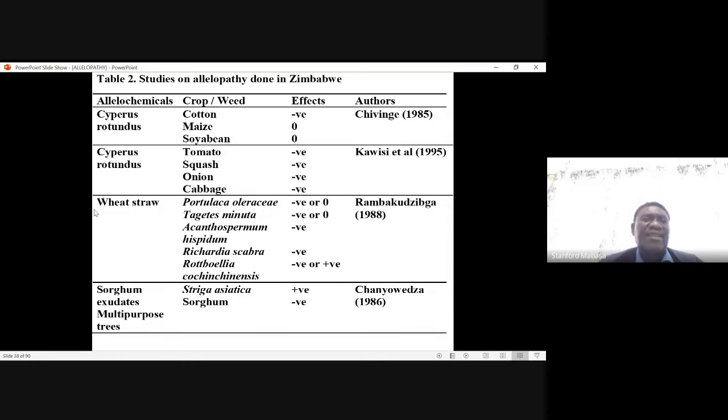Kawisi was working at the Horticultural Research Center, and he noted this effect in the fields. She subsequently made a study which established that indeed it was Cyperus rotundus which was suppressing these crops through allelopathy.